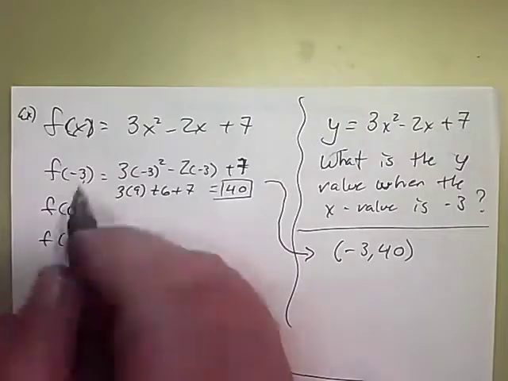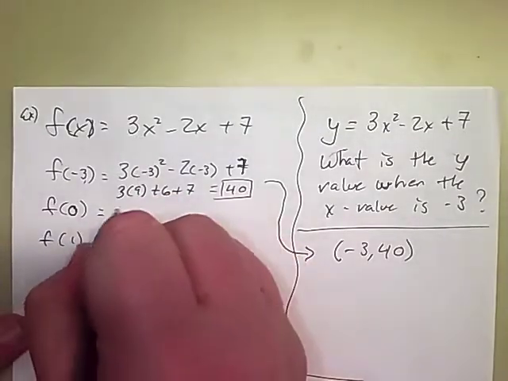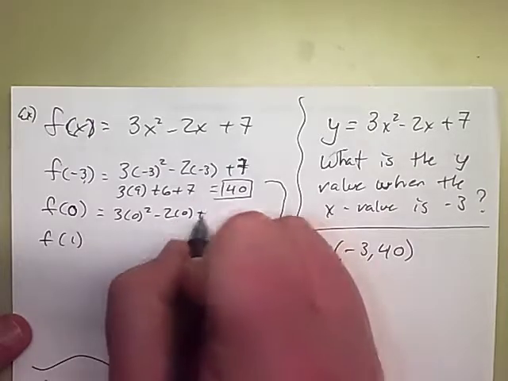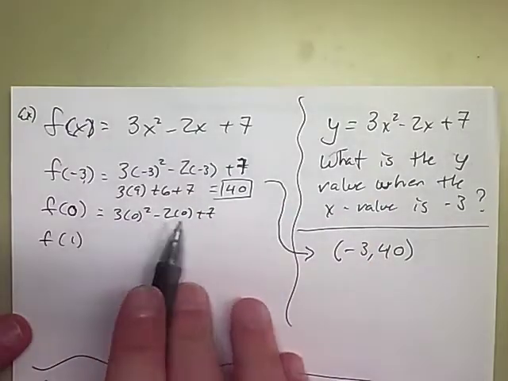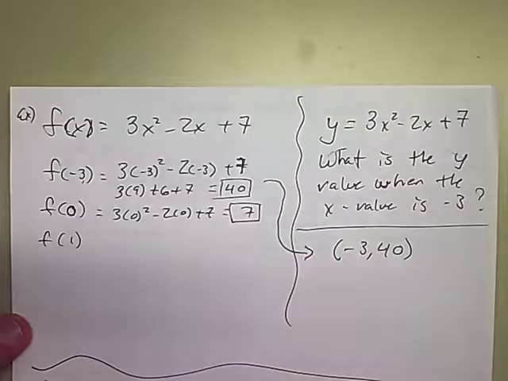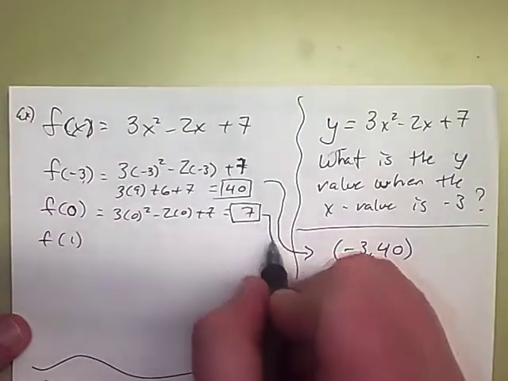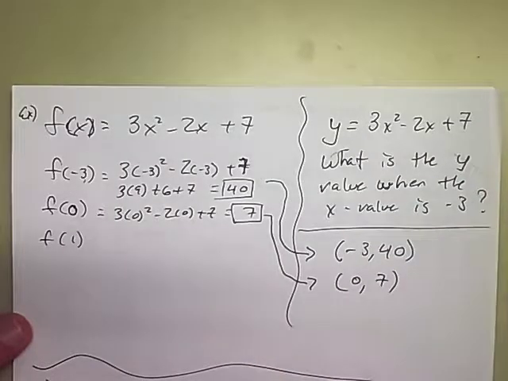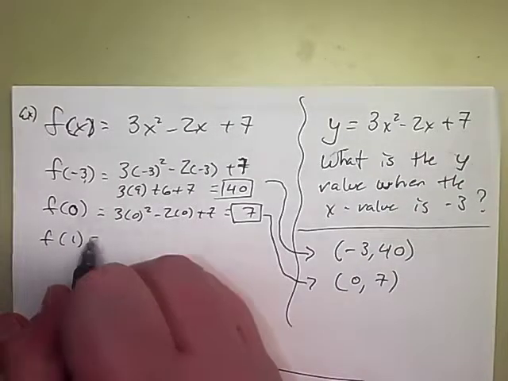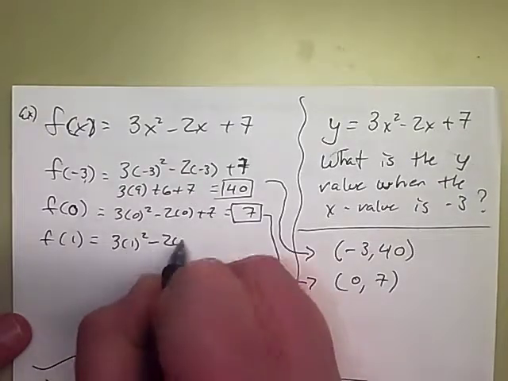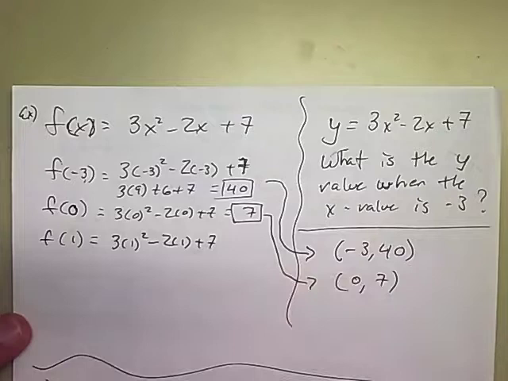Now what happens when I plug a 0 in? Well, I would do the same thing. 3 times 0 squared minus 2 times 0 plus 7. 0 minus 0 plus 7 is 7. And that corresponds to the point (0, 7) on the graph. And what happens when we plug a 1 in? All right, 3 times 1 squared minus 2 times 1 plus 7.